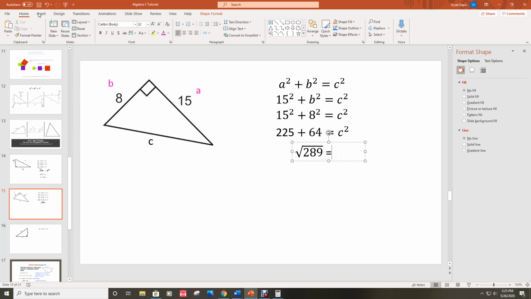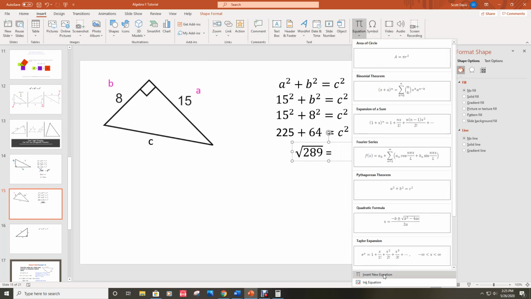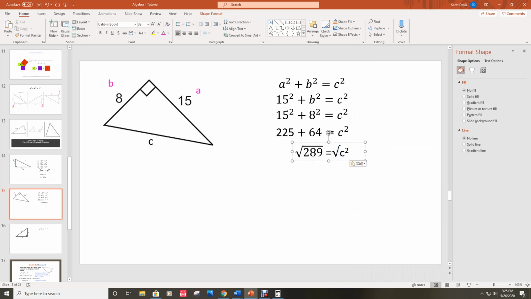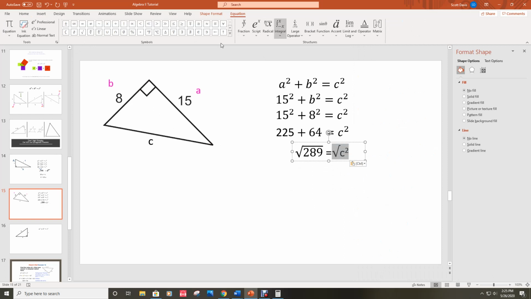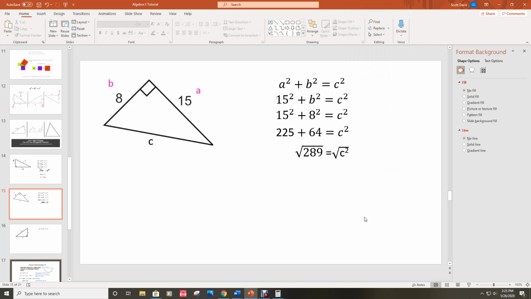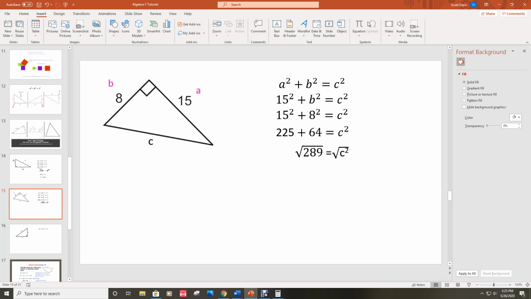So let's go ahead and set that up so it actually looks nice. I don't have to draw that ugly square root that I drew on the other one. Now let's get my square root nice and over the whole thing here. There we go. So we have done our square root on both sides. Okay, so when we do that square root on both sides, the first thing it's going to do is get rid of that squared, so we are left simply with C.